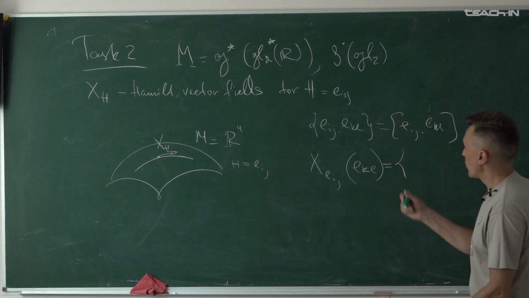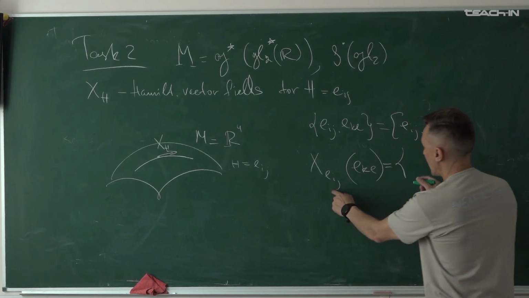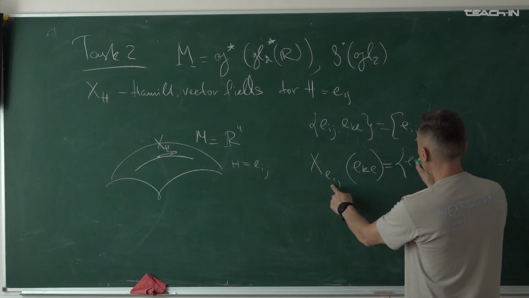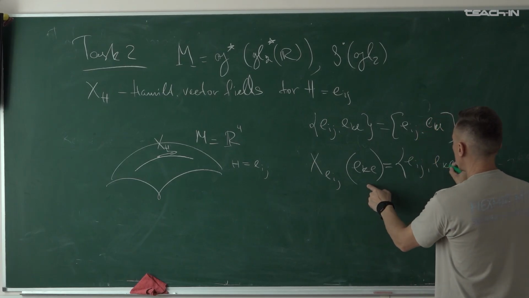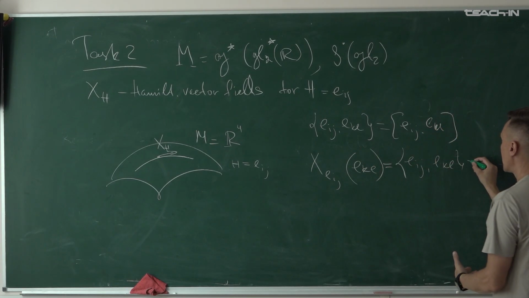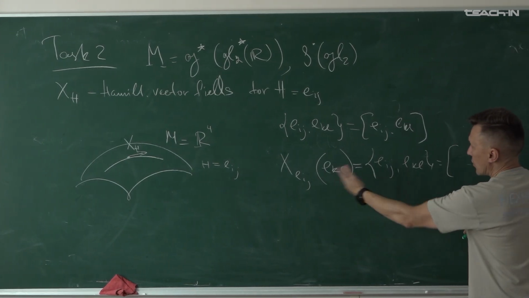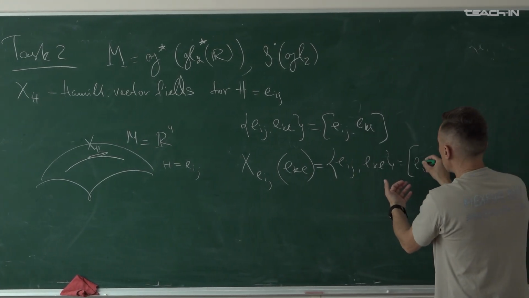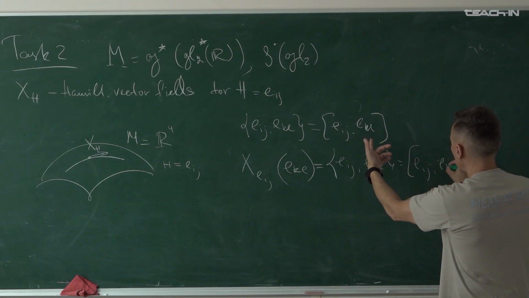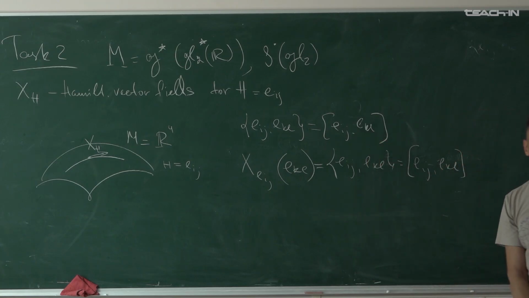It is the Poisson bracket of the function h with this function, and if both are linear functions, it is the same as the commutator in the Lie algebra.